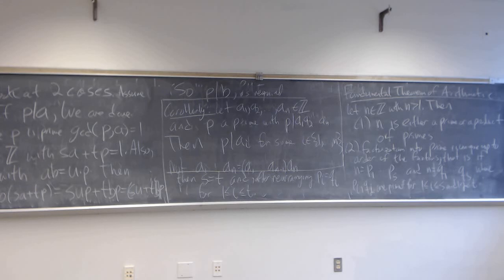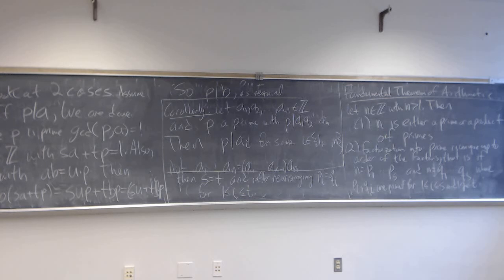then the least common multiple of A and B is p1 to the e1, p2 to the e2, up to ps to the es. And the greatest common divisor is a similar factor in pi. Let me have it correspond.